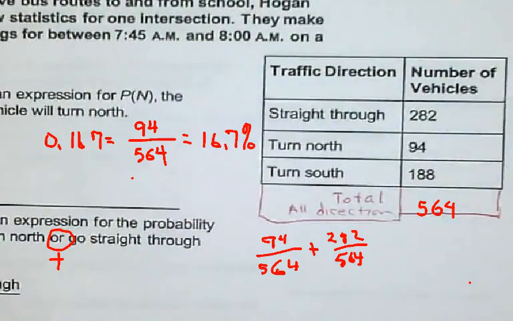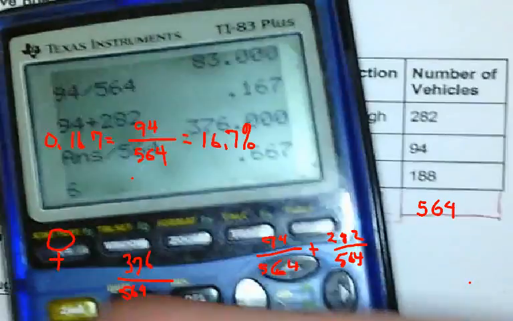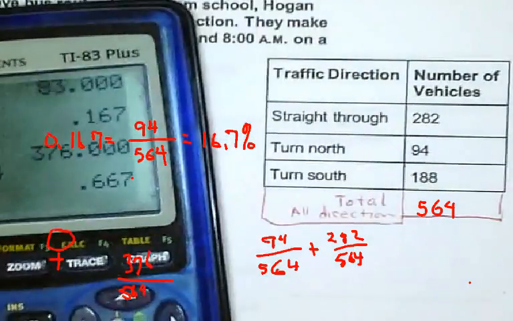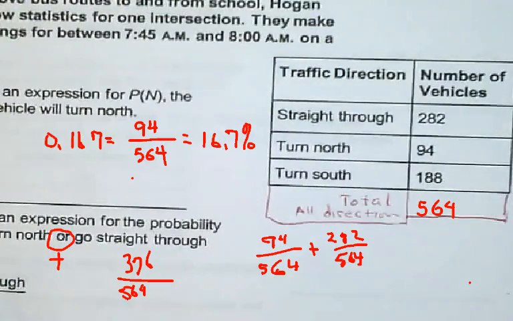So when I add those together, I get 376 out of 564. And once again, if we divide by 564, we'll get the percent, or the decimal, 0.667, which we know is 66.7%.